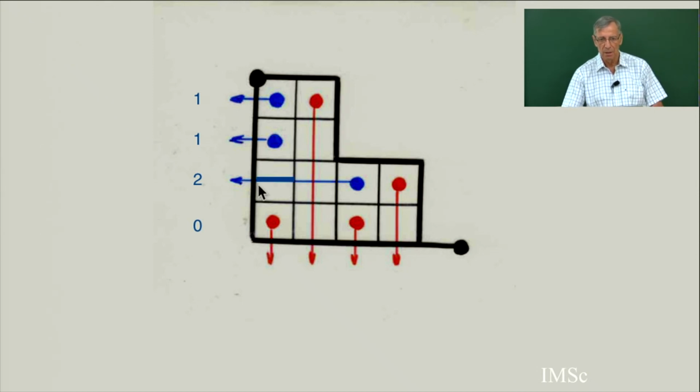Here it is 2, because it's 1, there is a blue point, plus 1 plus the number of cells of this type, the number of cells where there is only a blue line crossing the cell. So this cell doesn't count. It's the number of cells which are to the left of a blue point and which are not below a red point. See here I have one blue point, one blue point. Then one of these cells gives 2, and here 0.